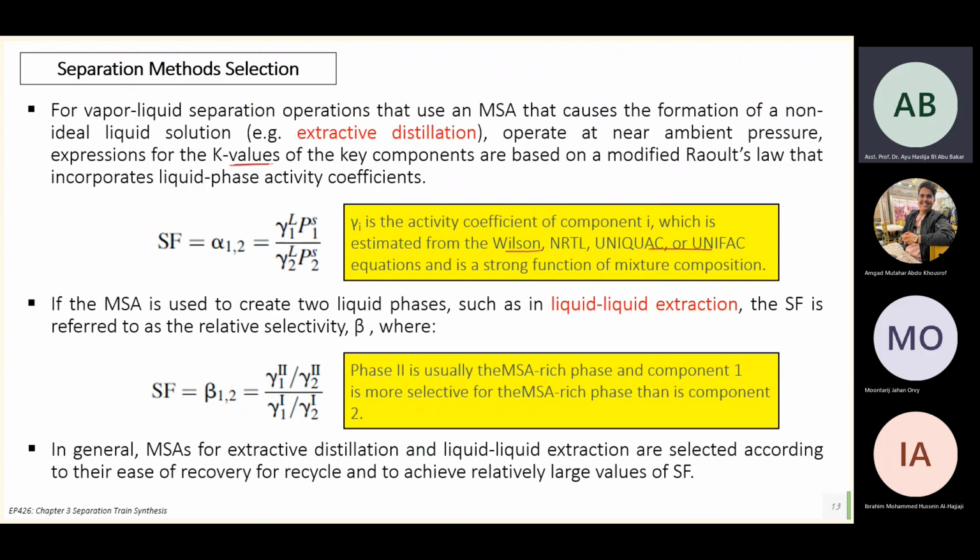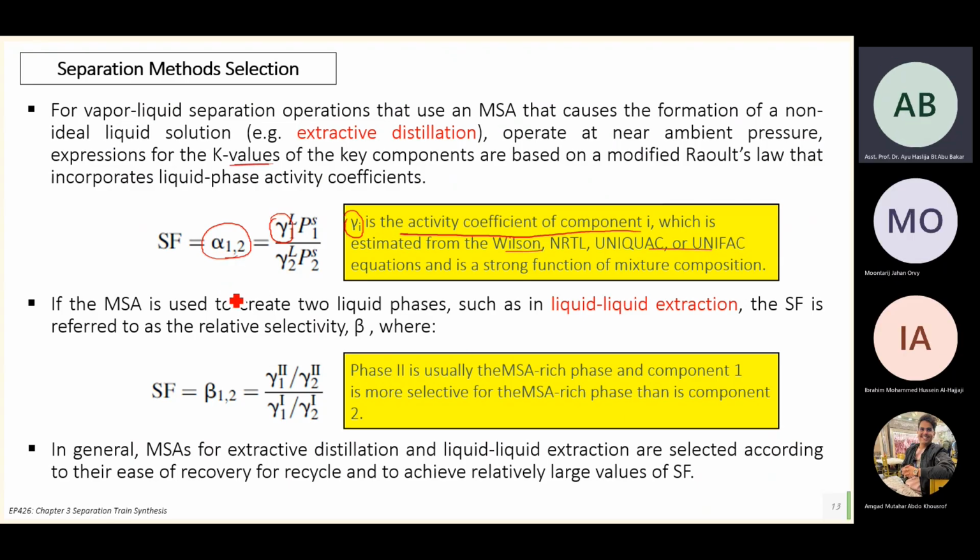Now next, this symbol gamma is the activity coefficient of component i. SF, separation factor, is equivalent to alpha. Alpha here is the relative volatility.